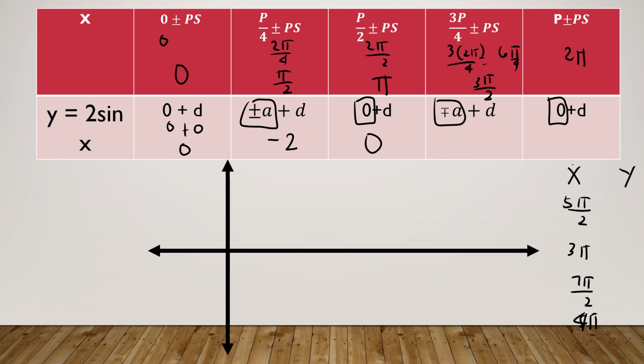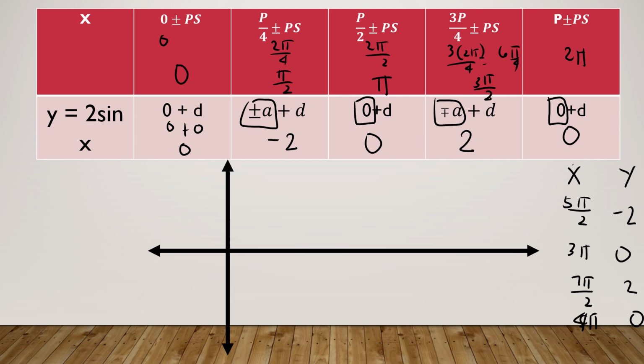Since it is negative here, the next will be positive. Positive 2, 0. As you can see, there will be a pattern: 0, negative 2, 0, 2, 0. So we'll just simply continue in order for us to get the values for the continuation of x and y. After that, we already have the values of x and the values of y.